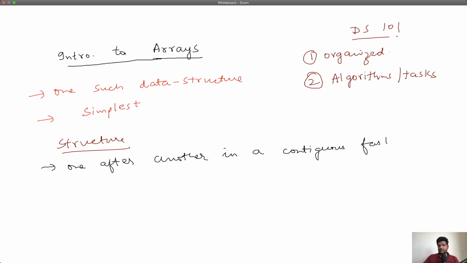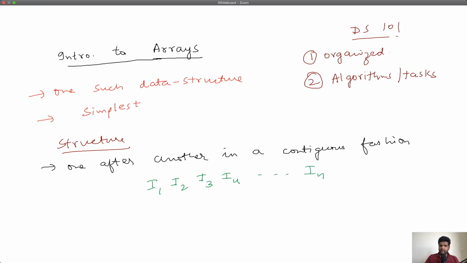Contiguous is like adjacent locations in the computer memory, which is RAM. But even if you don't understand that, it's perfectly fine. For us, we can simply abstract this to saying that you have items I1, I2, I3, let's say I4, and so on till IN. You just keep them consecutively, one after the other.